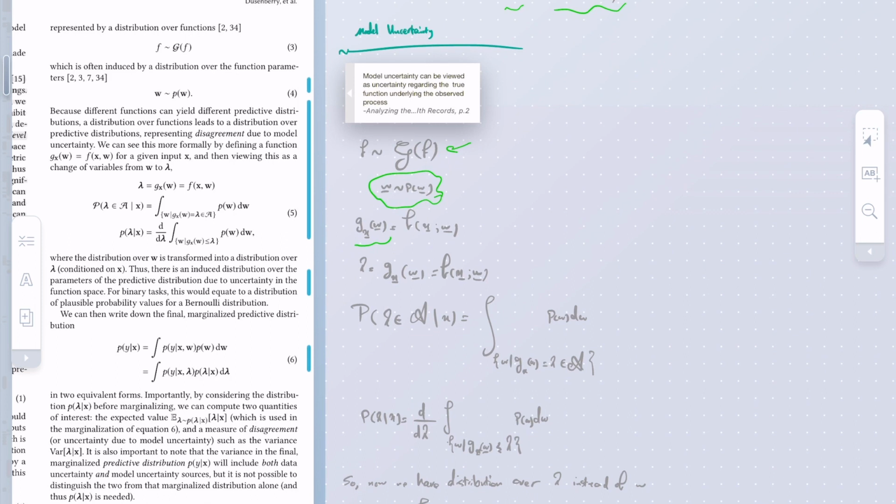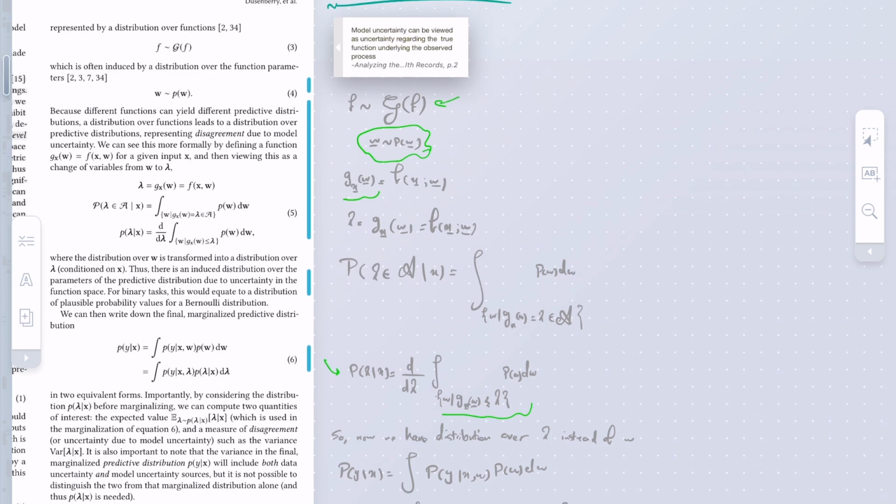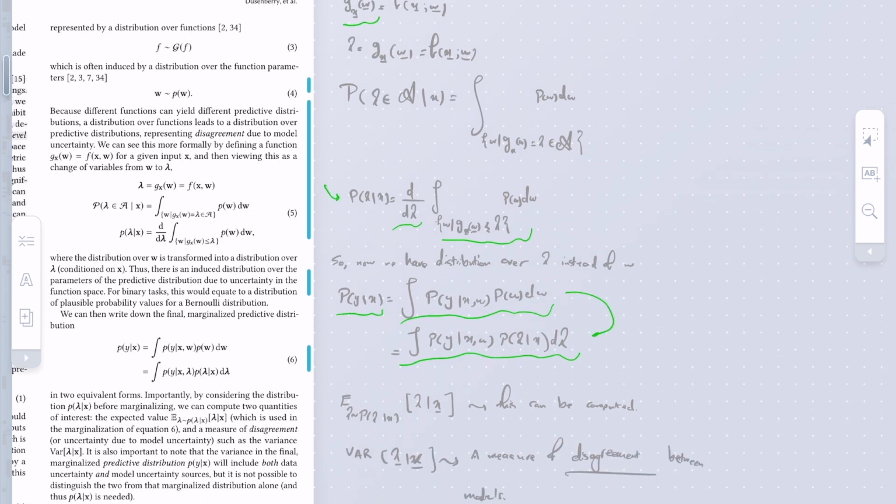So essentially, the probability of lambda given x would be the derivation of this with respect to lambda, and this is something that we have. Now we can write the probability of outcome y conditioned on input x as this, and then we can change it to lambda conditioned on x instead of w, and this can be rewritten as this.